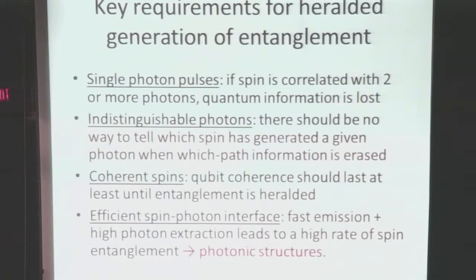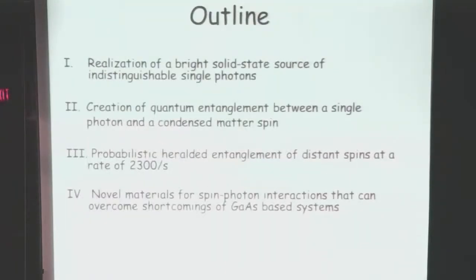This is particularly important for emitters embedded in high dielectric media. And this is a connection to the topic of this conference, although at a relatively basic level. Okay, so this is the outline of my talk.